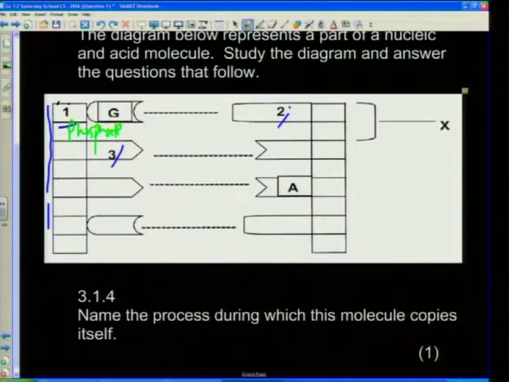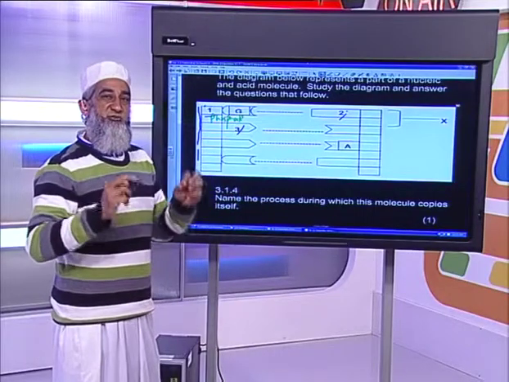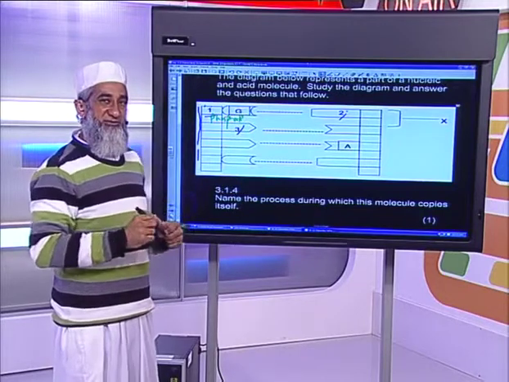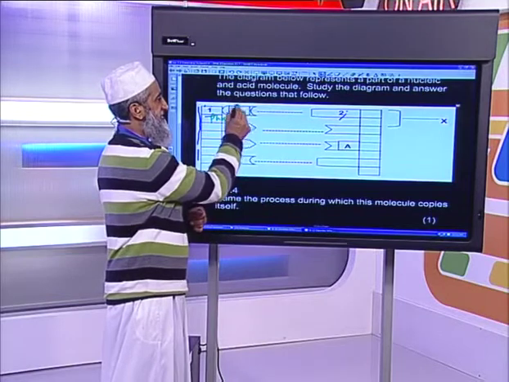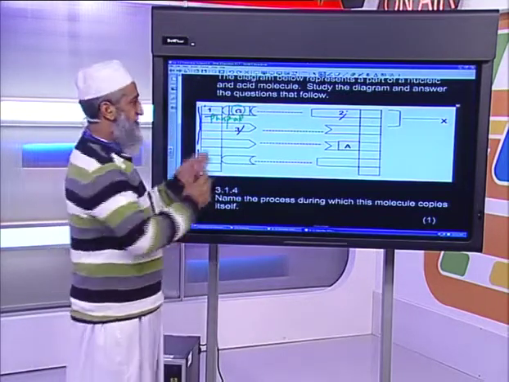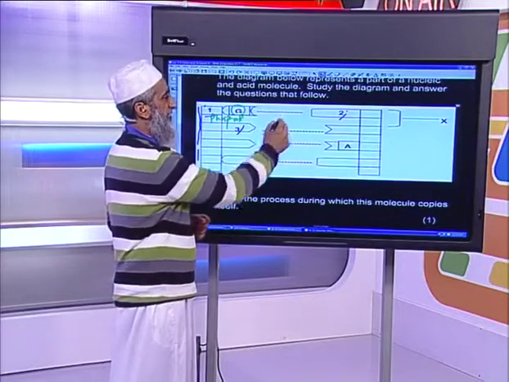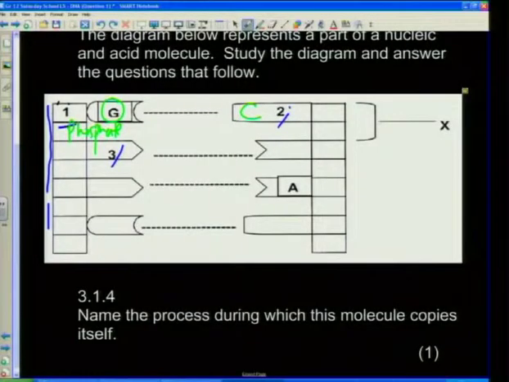Good. Number 2, this is the question that you've got to be careful about. Two things that you've got to be very careful about here. In this particular case, it's a bit easy, because on your left-hand side, you see the letter G, which represents guanine. So obviously the nitrogenous base that's going to combine with guanine would be cytosine, C. In that case, it's easy.